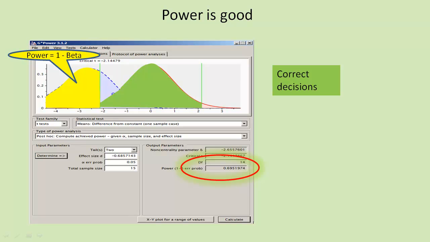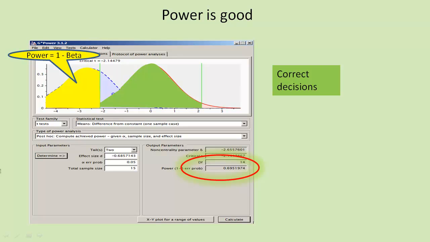This yellow area, that is the power, is the probability of obtaining a specific statistic value equal to or more extreme than the critical value, given that a specific alternative hypothesis is true. As with our usual p-value, it is not telling us if the alternative hypothesis is true, and once again it is a conditional probability, but this time the conditional part of it is the parameter value being equal to that of the sample estimate.